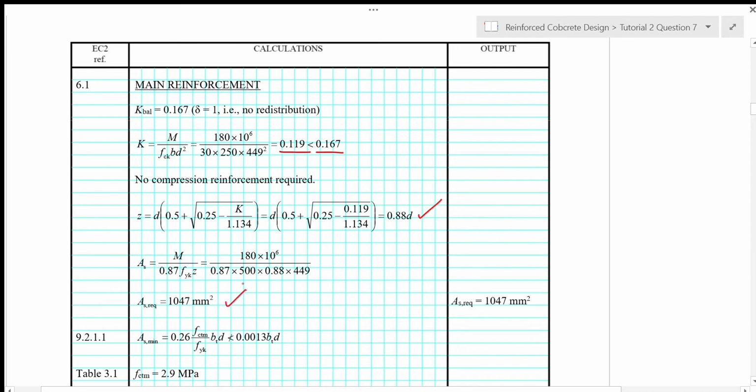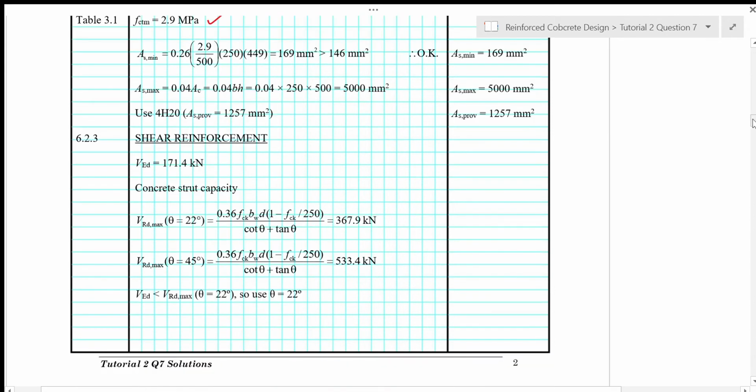And then based on section 9.2.1.1, As minimum is given by this expression and it should not be less than 0.0013 bd. So from table 3.1 for grade 30 concrete, fctm is 2.9 megapascal. So As minimum as calculated is 169 square millimeter, and this is larger than 0.0013 bd, so it's okay.